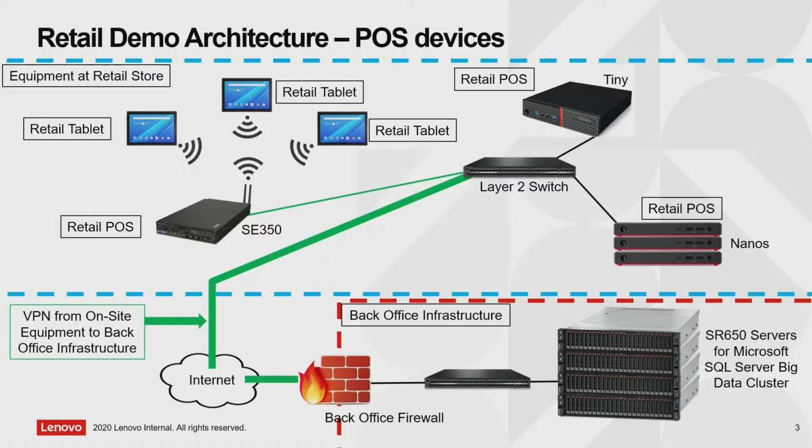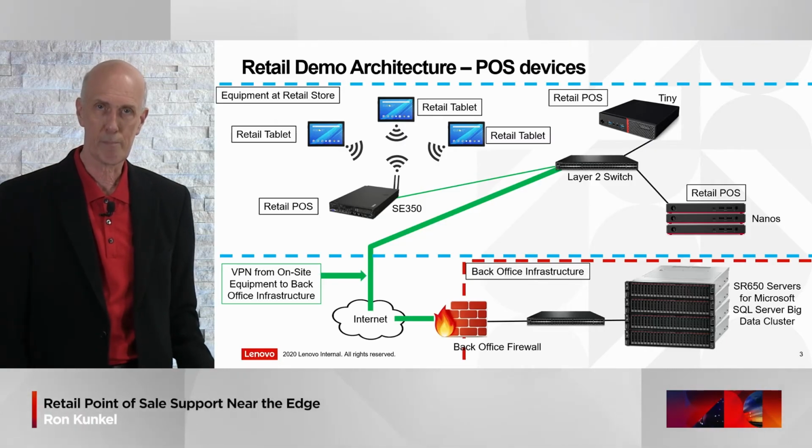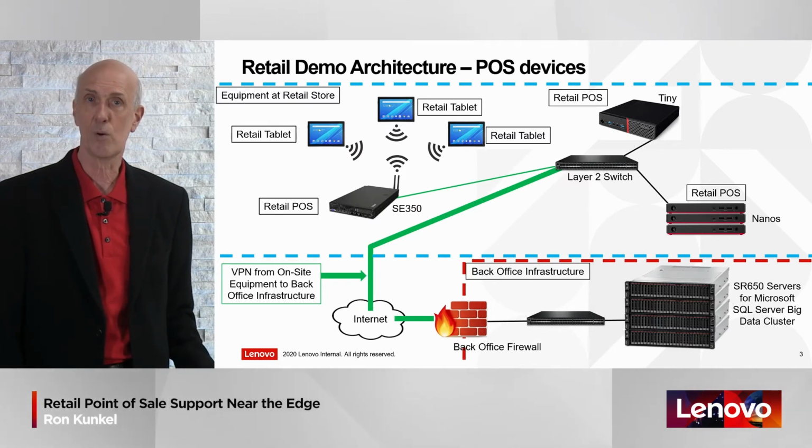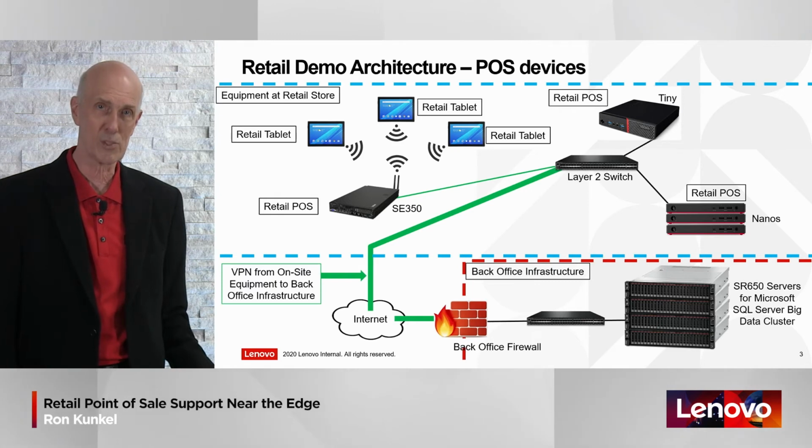One last item I'd like to leave with you on the SE350 is two additional features it has that make it especially interesting in retail operations. One is its wireless capability. It can support Wi-Fi on the LAN side and LTE on the WAN side.